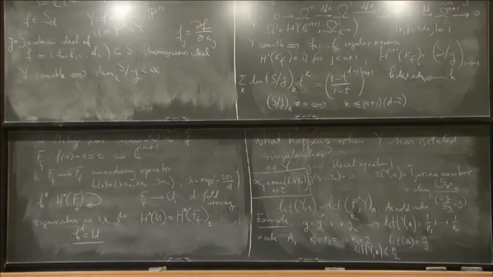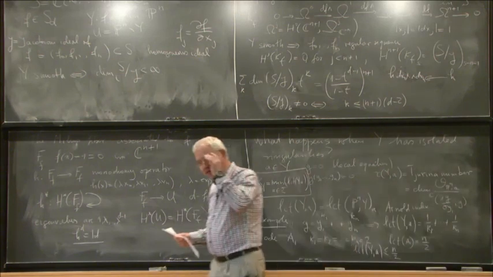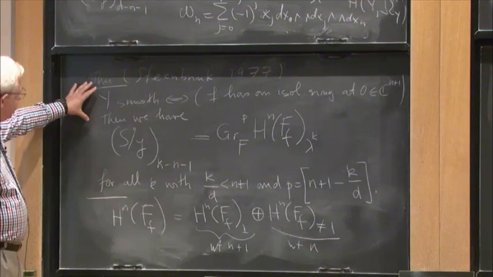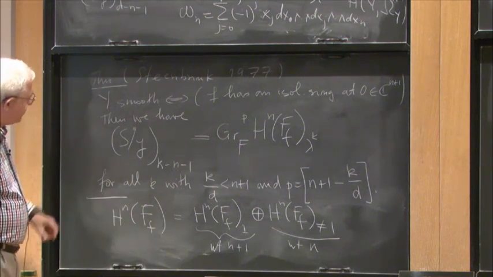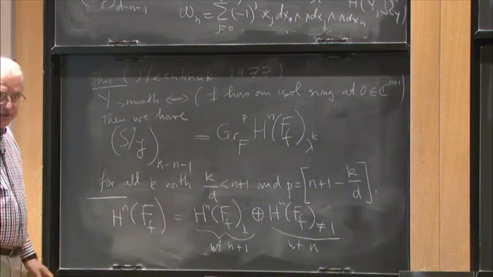Okay. Now, it's time to state a result, I guess. So I will state now a generalization of the theorem due to Steenbrink in the case of hypersurfaces with isolated singularities.